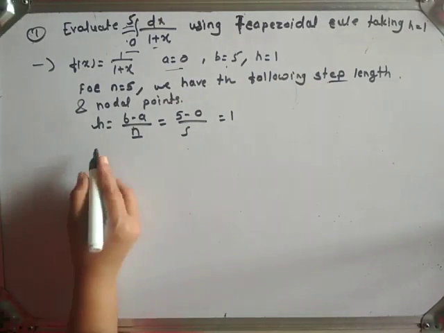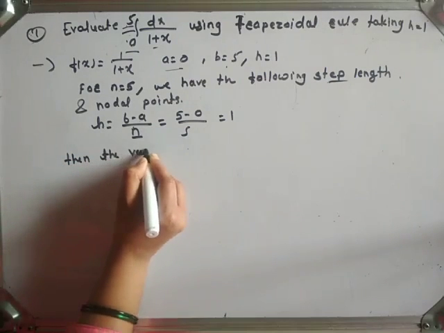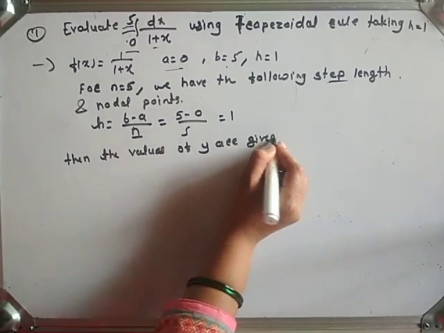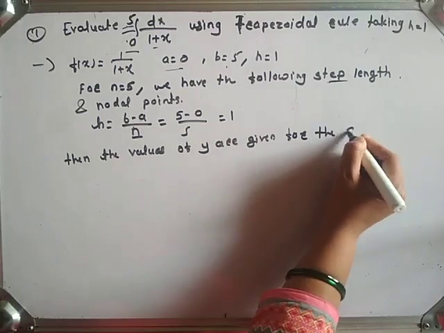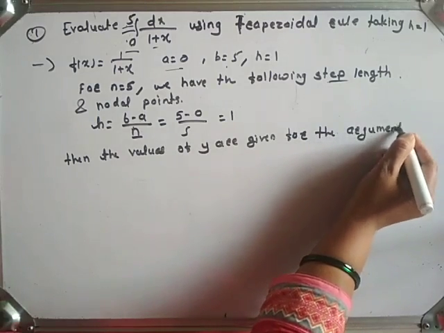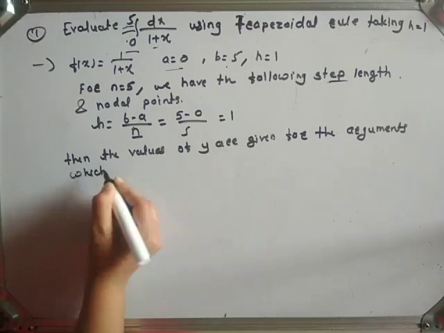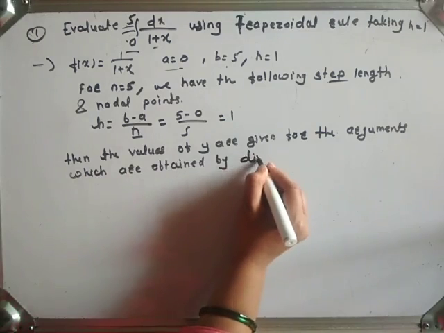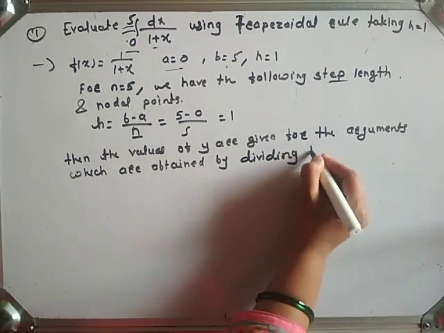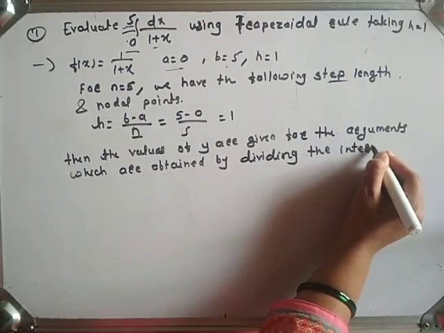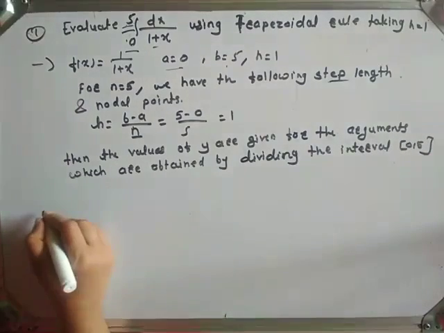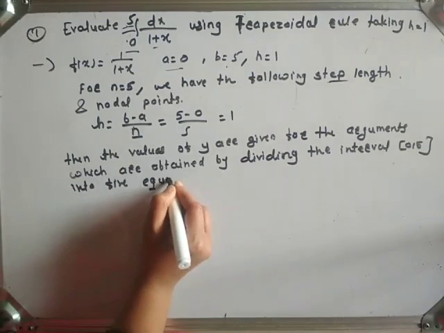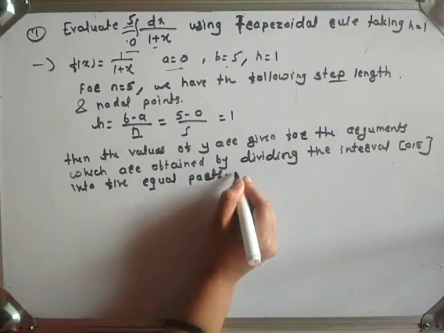Then the values of y are given for the arguments obtained by dividing the interval 0 to 5 into 5 equal parts, given below.